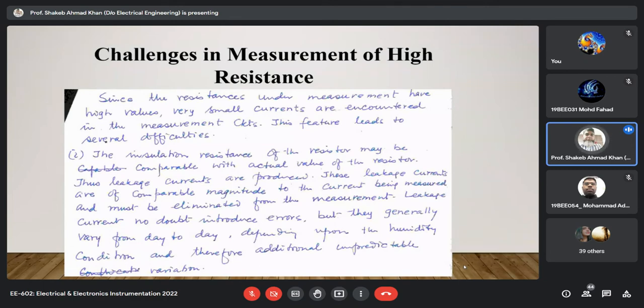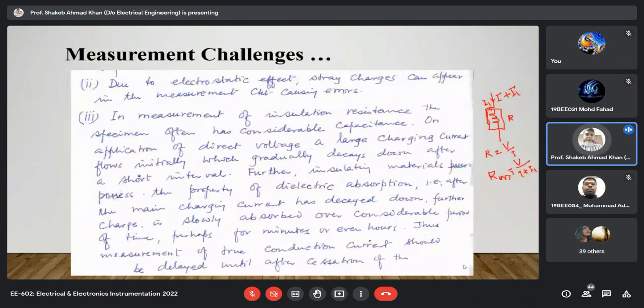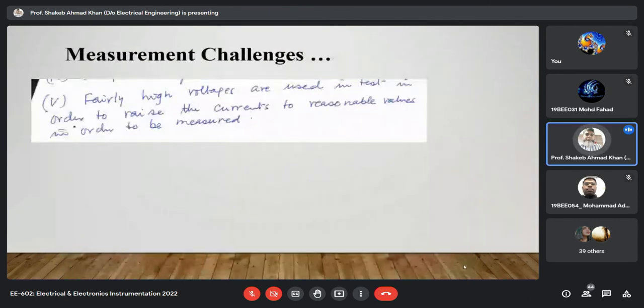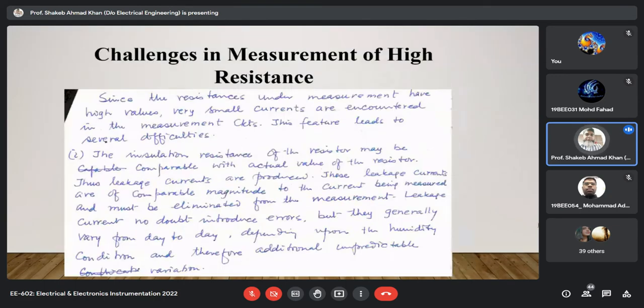I tried to list these challenges here. First of all, if we are interested in measuring large resistance values, we'll put it in the circuit and supply voltage across it.